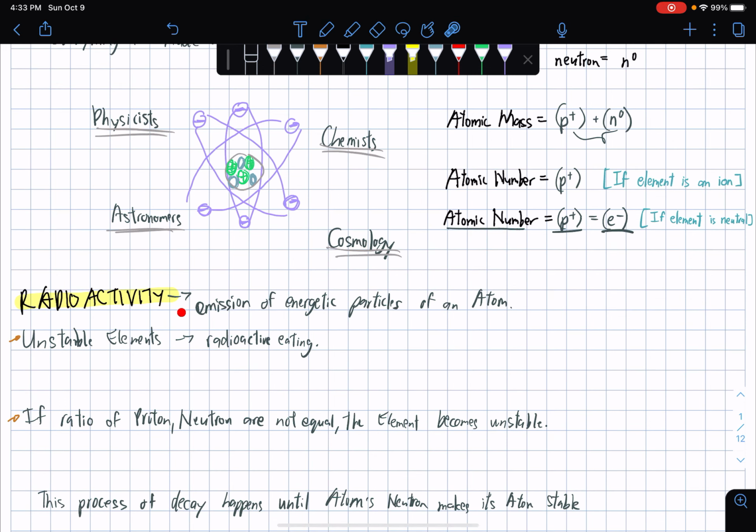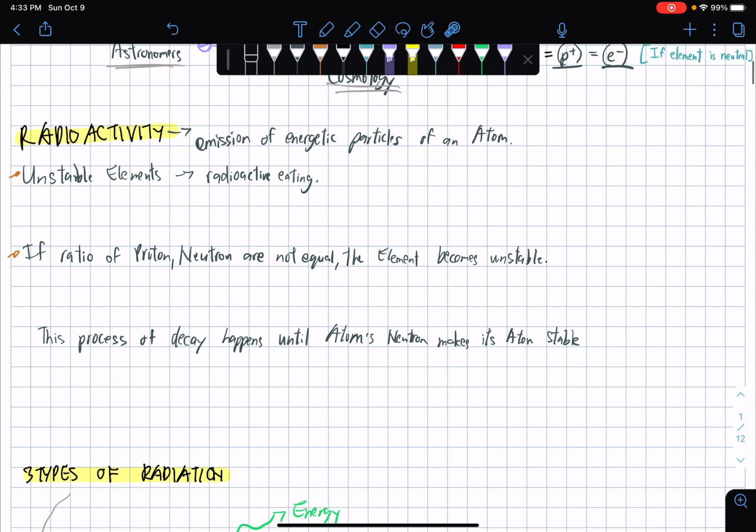Radioactivity deals with emission of energetic particles of an atom. Unstable elements usually tend to have what we call radioactive decay. And if the ratio of protons and neutrons are not equal, the element becomes unstable.